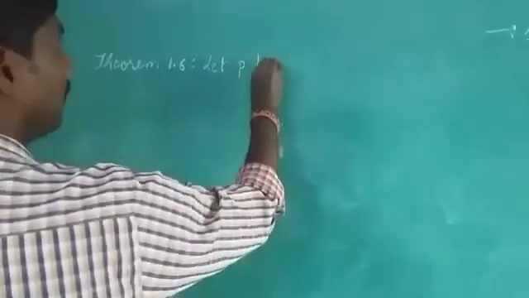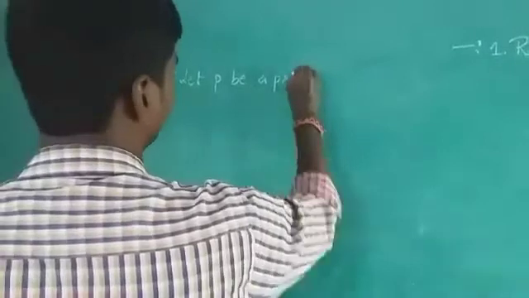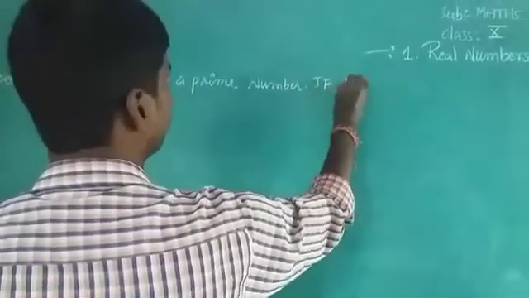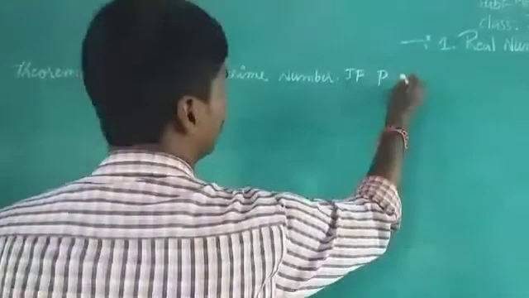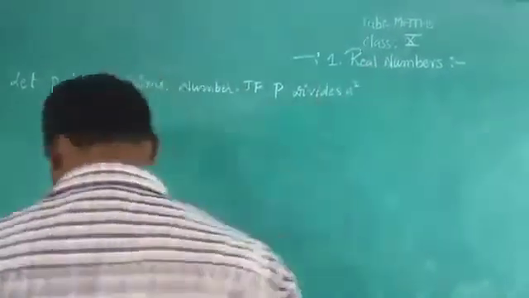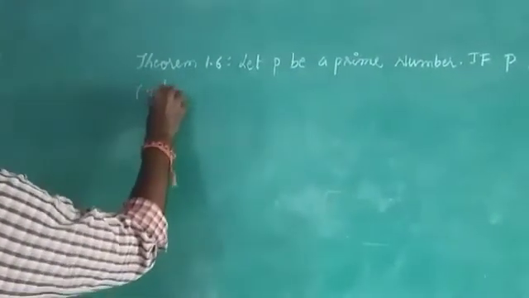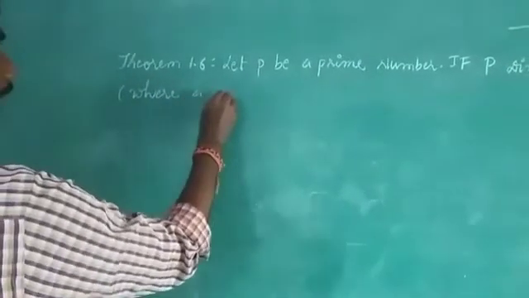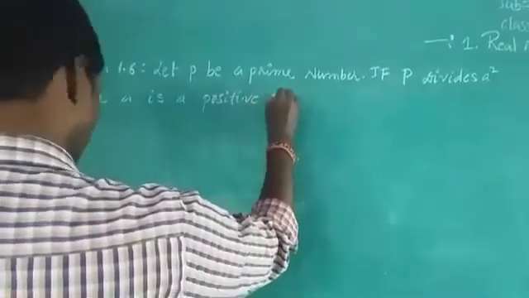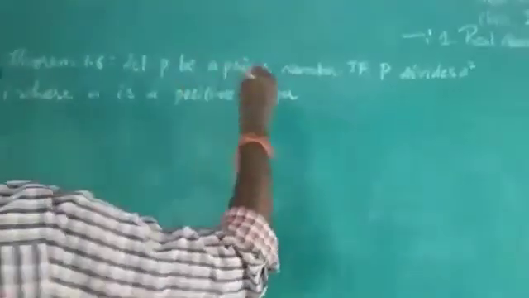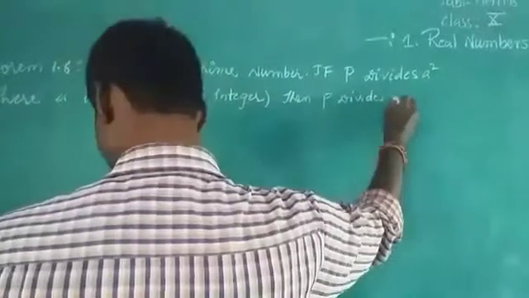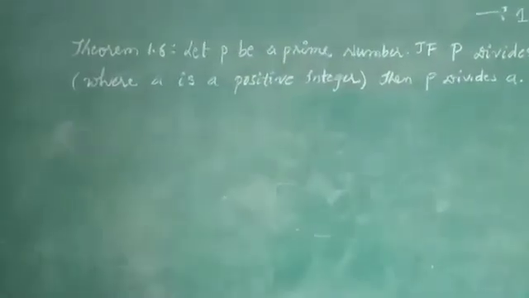Let P be a prime number. If P divides A square, it was mentioned clearly in the bracket, where A is a positive integer, then P divides A. This theorem 1.6 is very important.